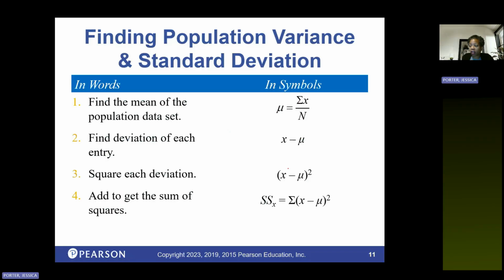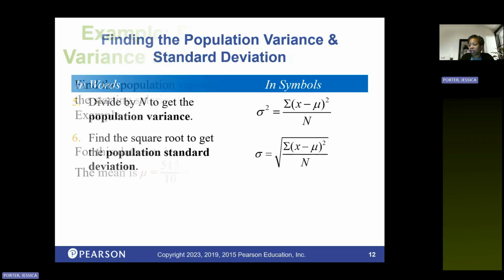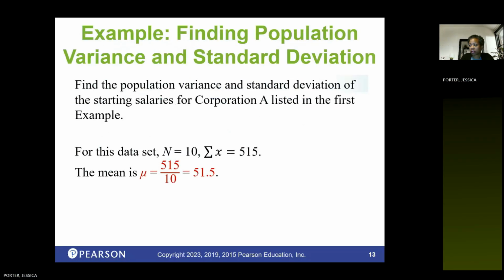And then you'll take all of those values and add them together. That's the summation. This SS is sum of squares. Then you divide by n. Okay, let's see what that looks like.